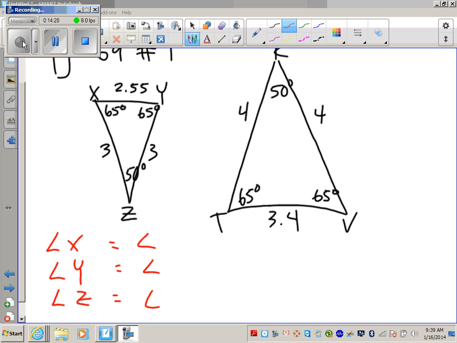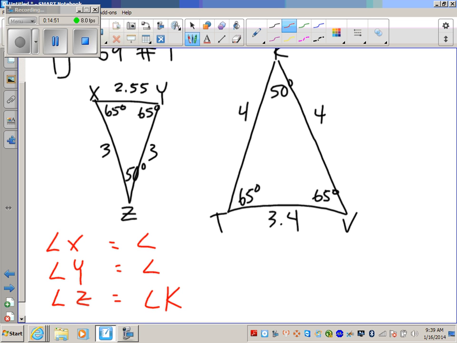Which of these are unmistakably equal? If it were me, I would first of all focus on the only one that's different, which is angle Z, which is 50. That would correspond with which one? Okay, so we'll go ahead and we'll get that down.